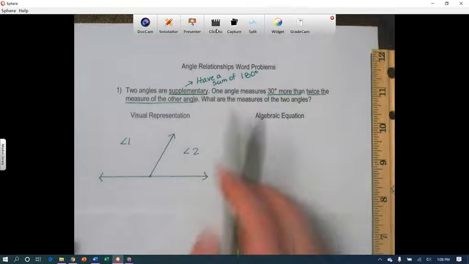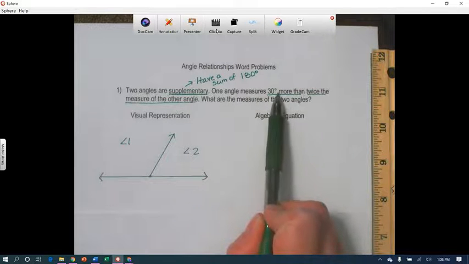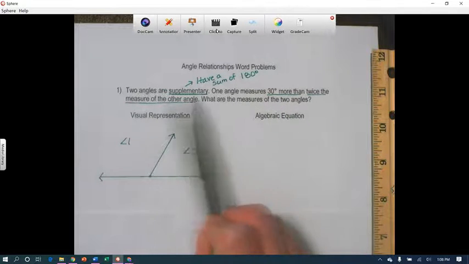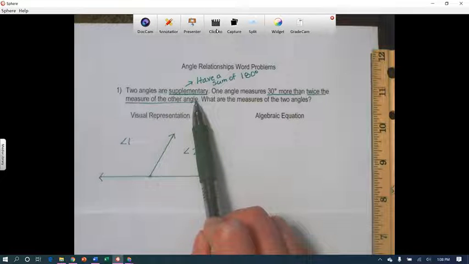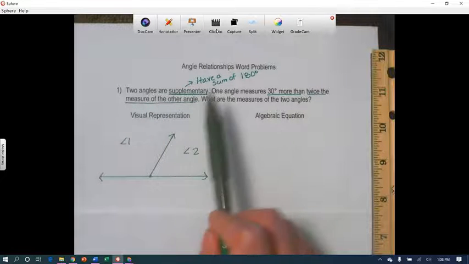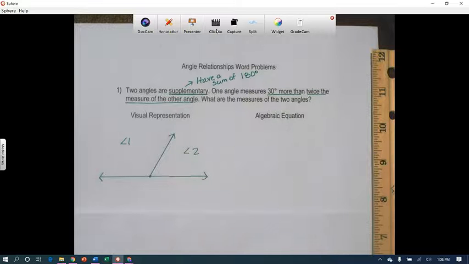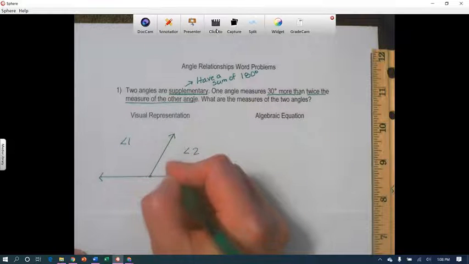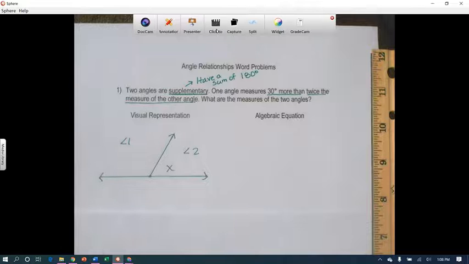One angle measures 30 degrees more than twice the measure of the other angle. So we don't know the measure of the other angle. That's an unknown amount. So I'm going to represent that with x, my unknown value.